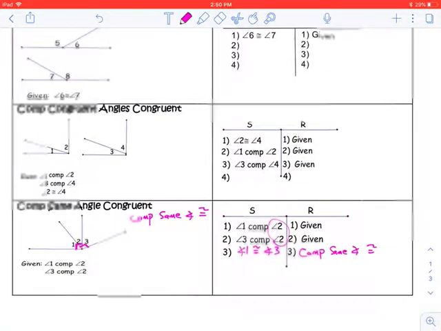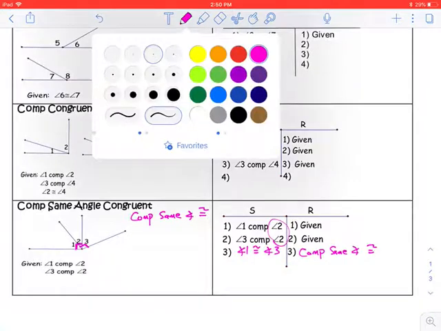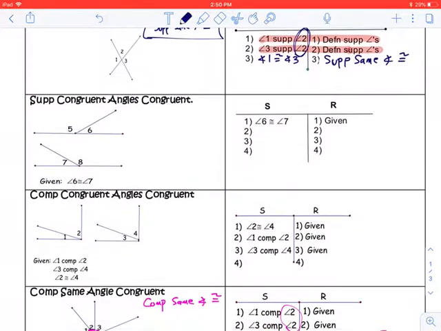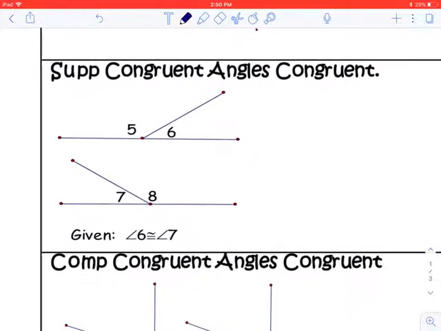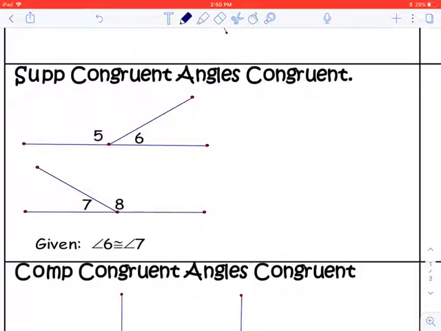So, our last ones are very similar to that concept. Okay, so for this it says supplements of congruent angles are congruent. So if two things are supplementary to congruent angles, then those have to be congruent.